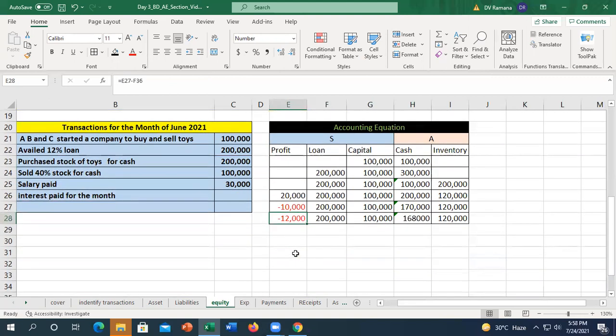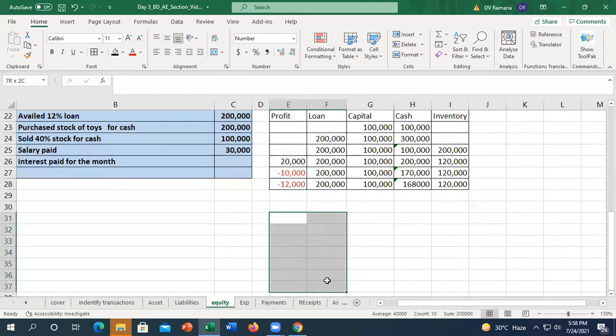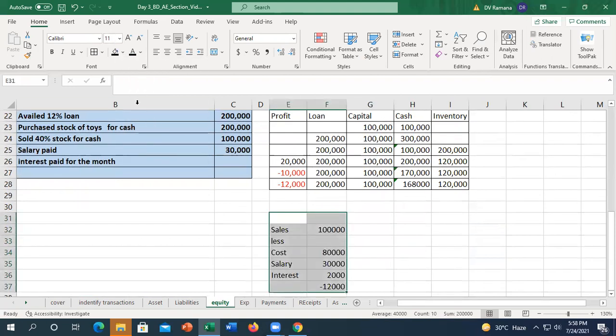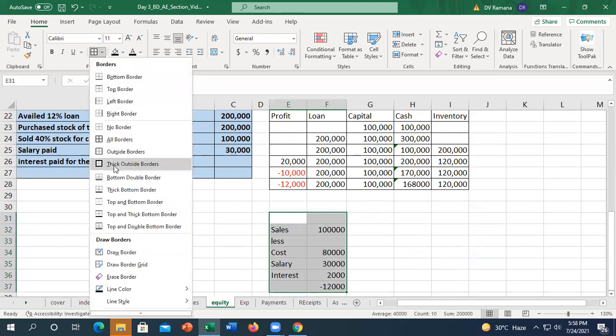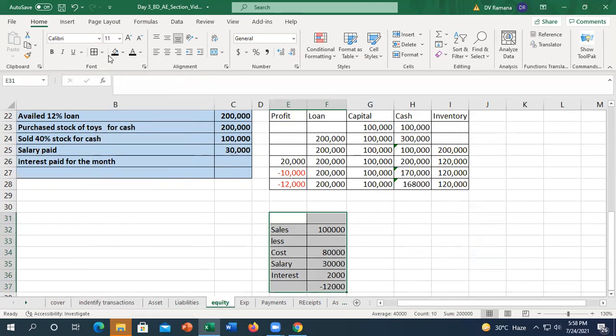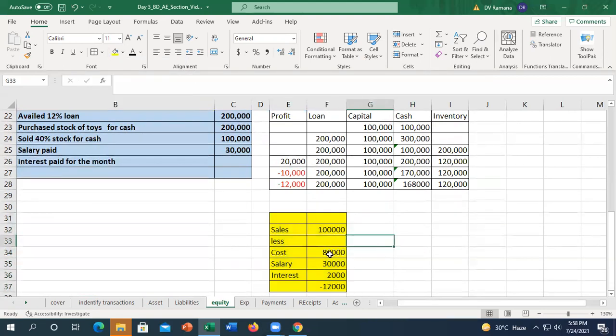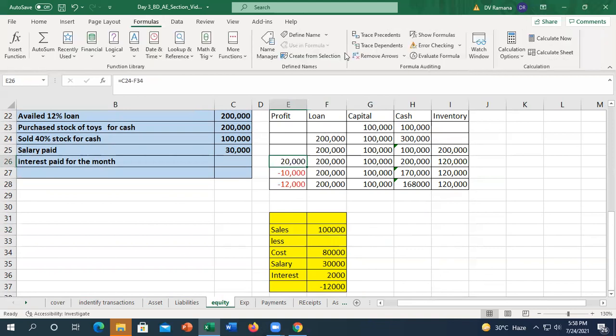That also we can find like this. We can also derive profit or loss by examining the sales minus the expenses. Sales is 100,000. So the first profit that we arrived at is the gross profit, 100,000 minus cost. But how did we get negative 10,000?